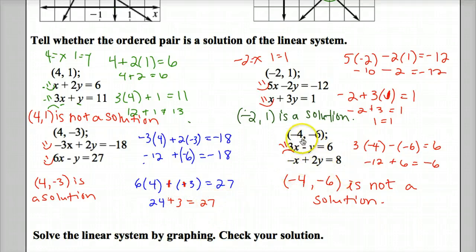Now our next one, you put in negative 4 for x and negative 6 for y. And right off the bat in this first equation, you should have gotten that this point was not a solution to this equation because negative 12 plus 6 is negative 6 and we wanted it to be positive 6. So we already know, we didn't even have to check this second one. We already know that negative 4 comma negative 6 is not a solution.